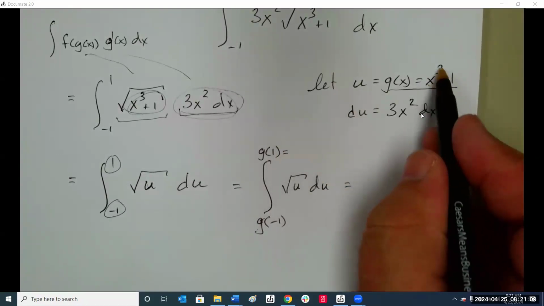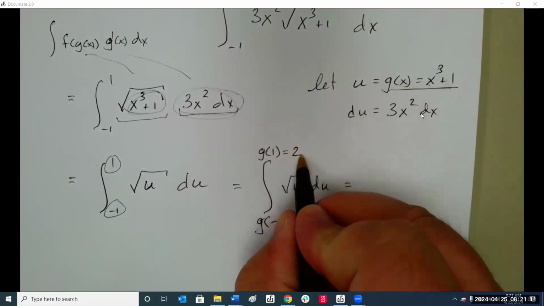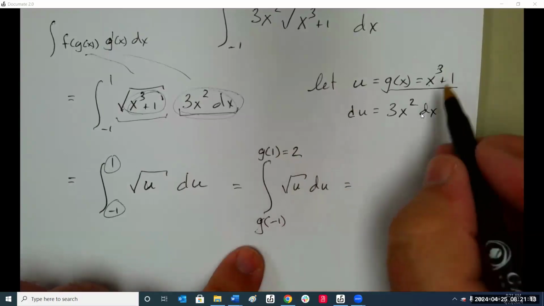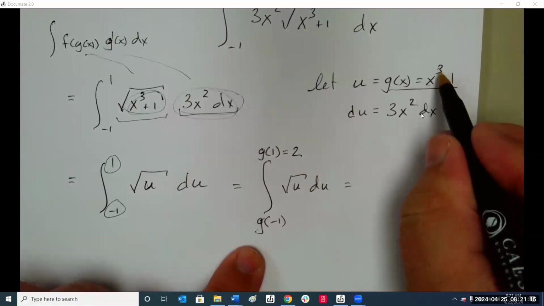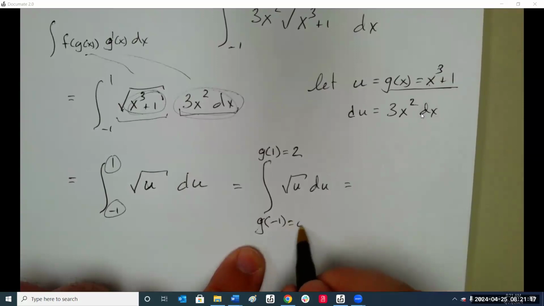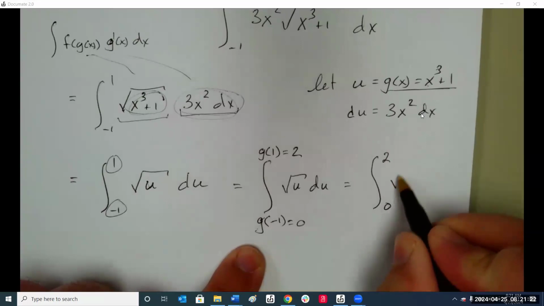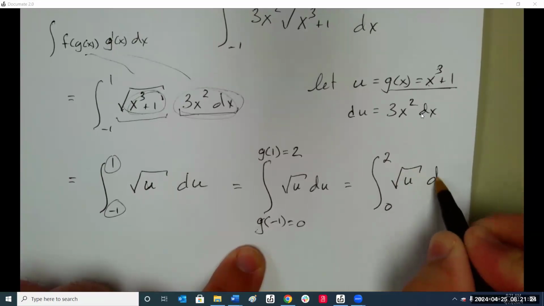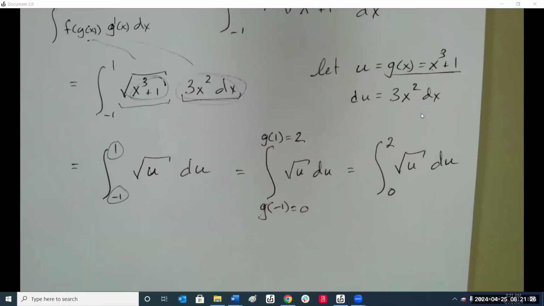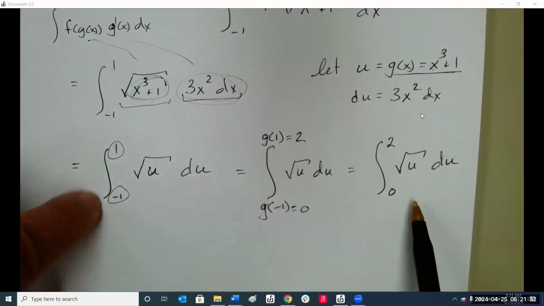When x is 1, 1 cubed plus 1 is 2. When x is negative 1, negative 1 cubed is negative 1 plus 1 is 0. So now we're going to go from 0 to 2 with that function. So now you see we changed the bounds of integration, we changed the function.